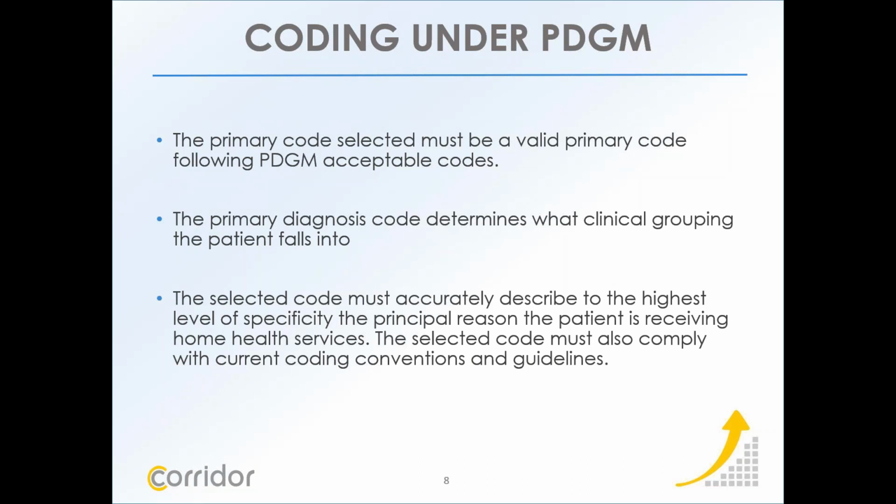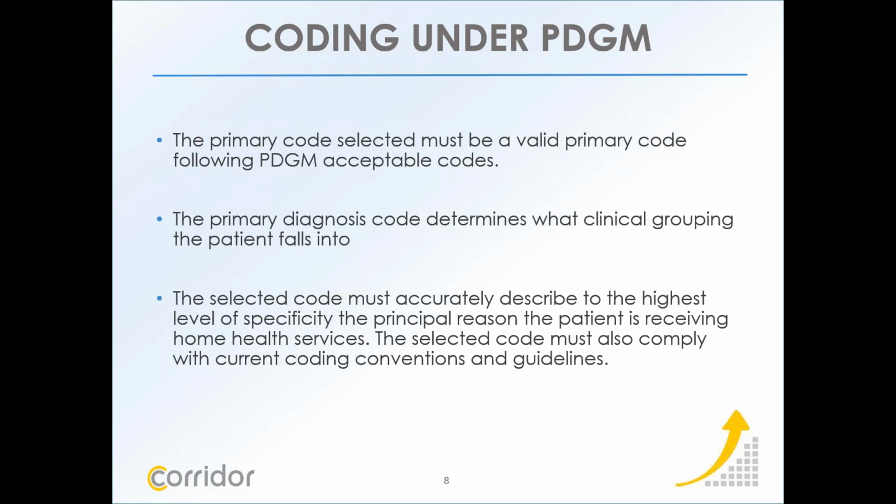That's going to determine the payment scale the patient falls into. It's going to set the limits for low, medium, and high for your functional scores, so it sets up the stage for the payment for that patient.